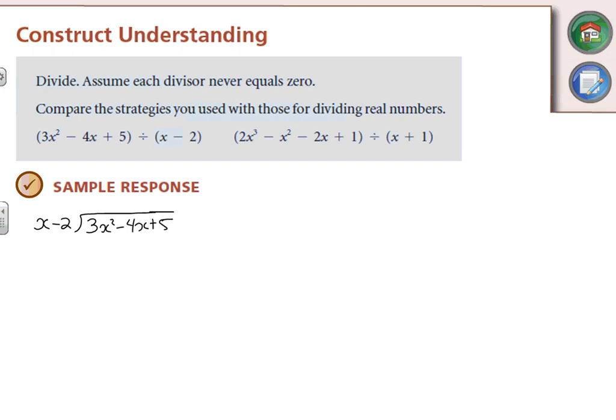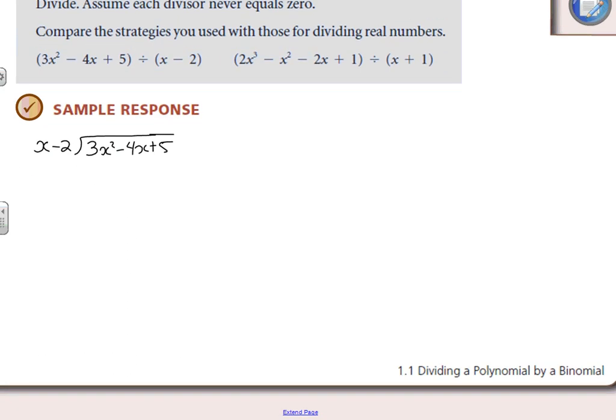All right, let's look at this here then. I'll walk you through. As we're going through these, what we want to do is take your first number, 3x squared. So that first term. And we want to look at the first term of your binomial. We're going to divide those.